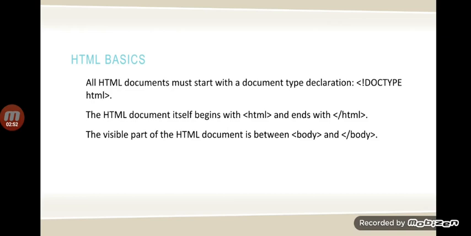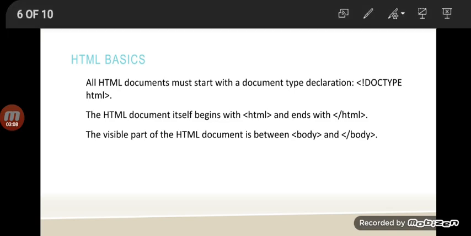Now let's start the HTML topic. The first and most important thing is HTML basics. What is the basic of HTML? All HTML documents must start with a document type declaration, doctype HTML. This is the most basic one, and you just need to go through it.